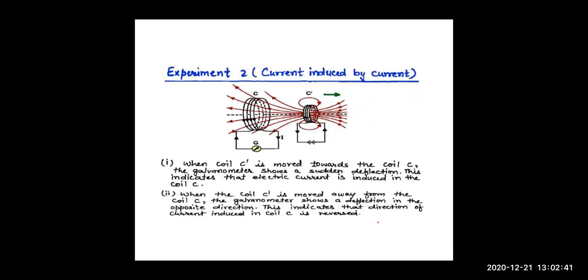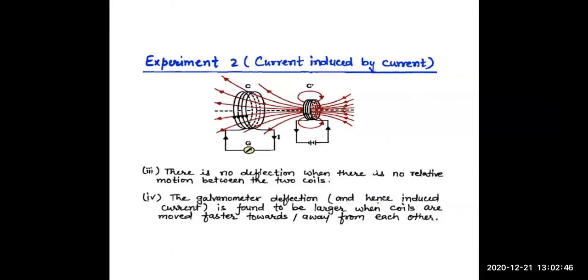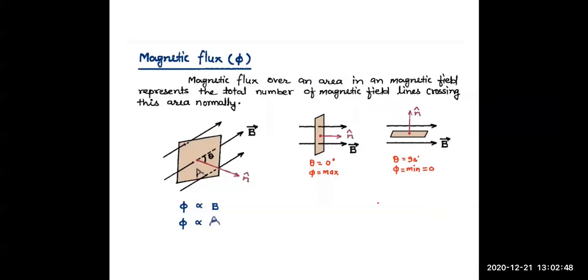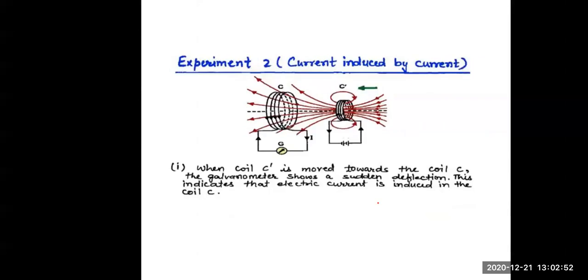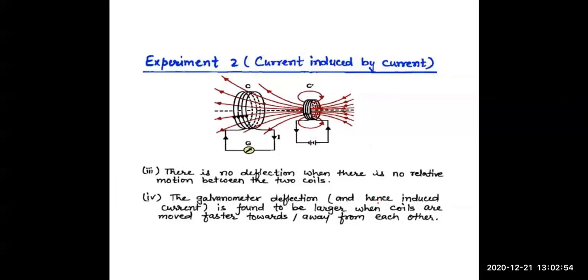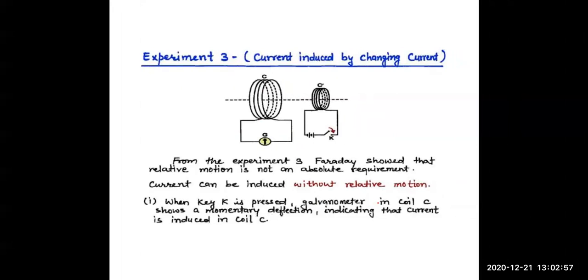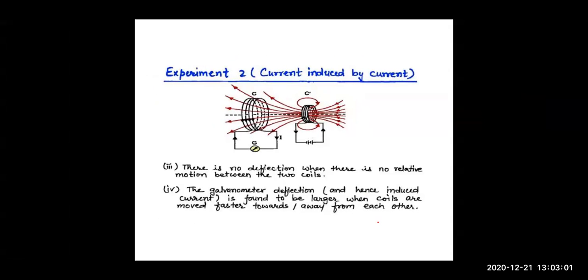And children, what they are saying is, on reversing the direction of the current, the direction of deflection in the galvanometer also got reversed. So the galvanometer gave larger deflection when the coil moved faster, away or towards.